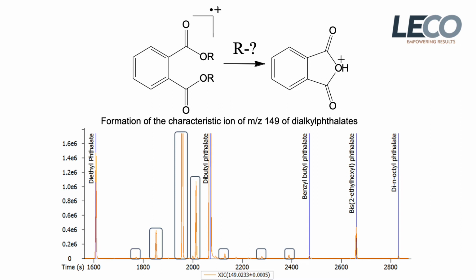And then you have to identify what are other phthalates in your sample. However, the problem with electron ionization deals with the fact that molecular ions are absent for phthalates in electron ionization. And in that case, you cannot understand what are you dealing with.